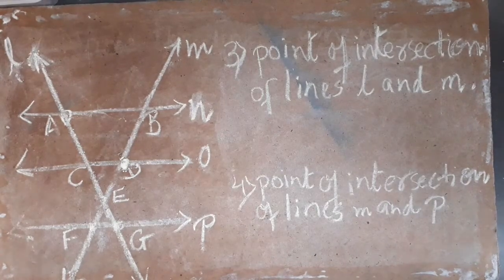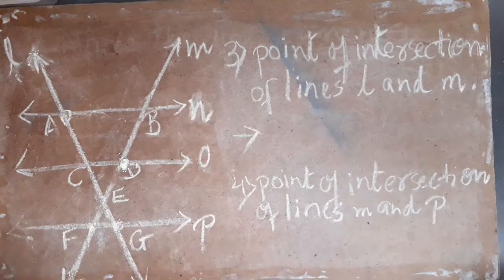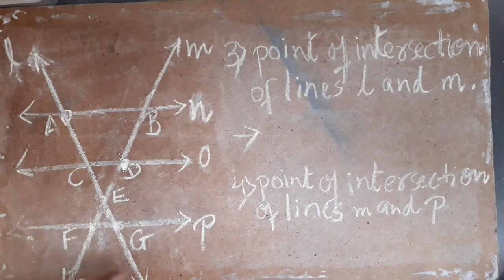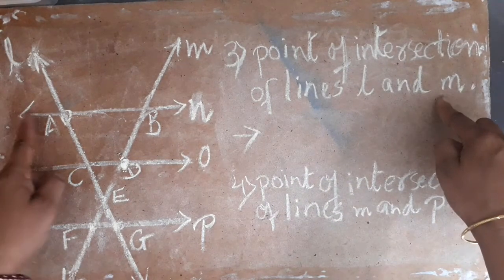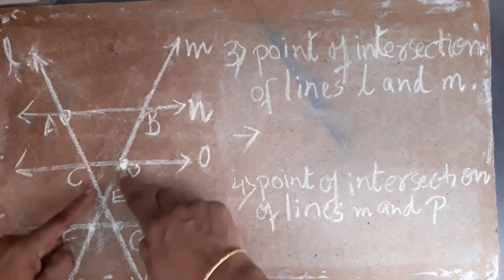Now consider these two questions. Here you have to find the point of intersection of lines L and M. Which is line L? This is your line L and this is your line M. So line L and line M, where do they meet?